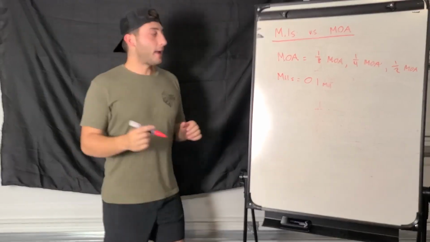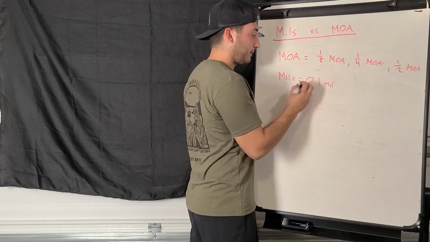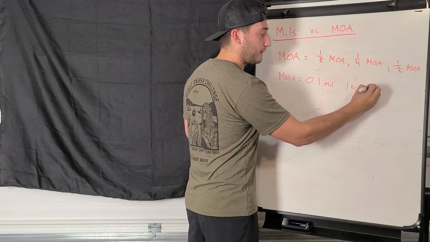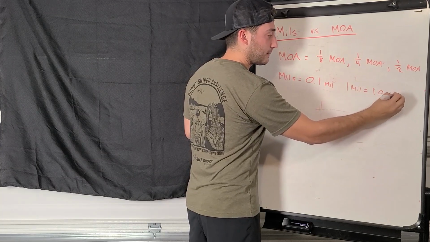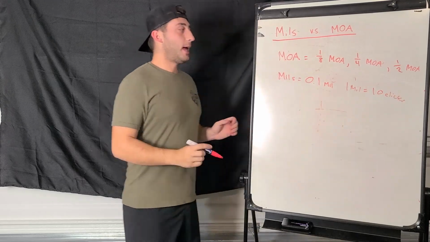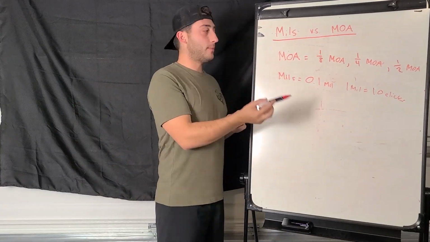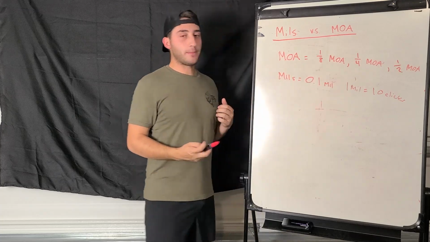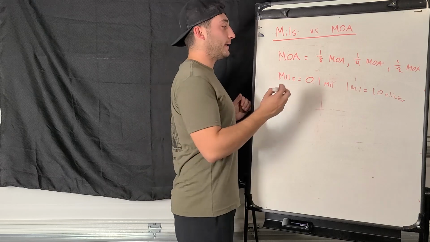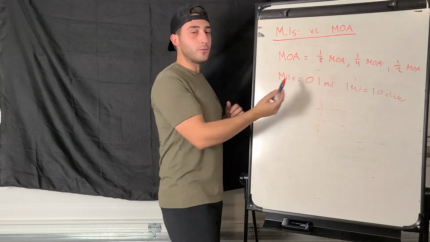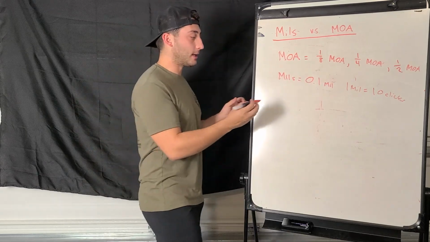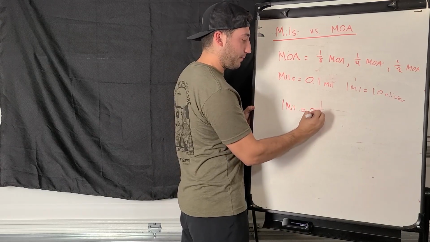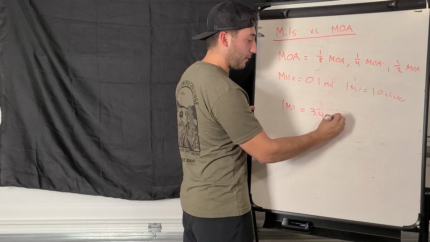All right, so every 1 mil, you'll have 10 clicks. All right, whereas every MOA scope, you may have 8 clicks per MOA or 4 clicks per MOA, all right? And the reason why this may give you more of a fine adjustment is because 1 mil is equal to 3.43 MOA.